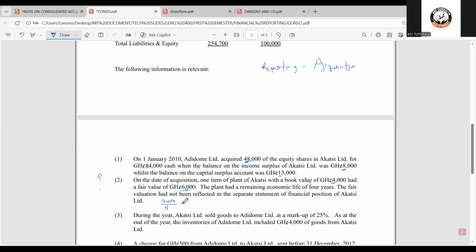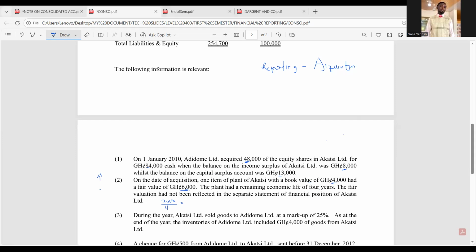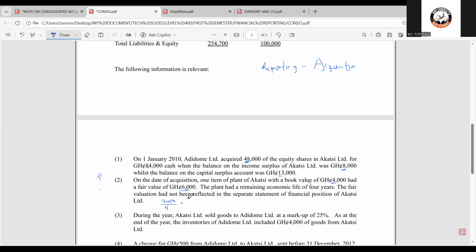So depreciation for 1 year will be what? 2,000 divided by 4, sorry. 500. Yes. Okay. So 500 is for 1 year. But then that is when we bought the company.